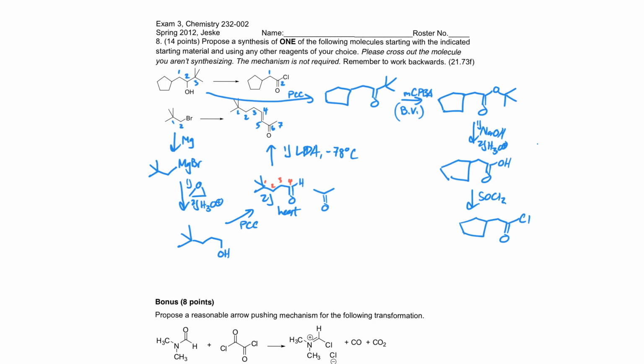So I've added two sets of carbons, first with the epoxide, and second with acetone to get my 2-carbon chain up to 7 carbons in this case.